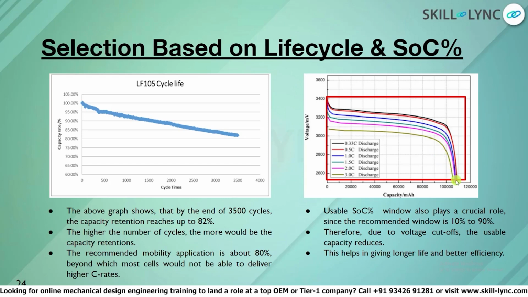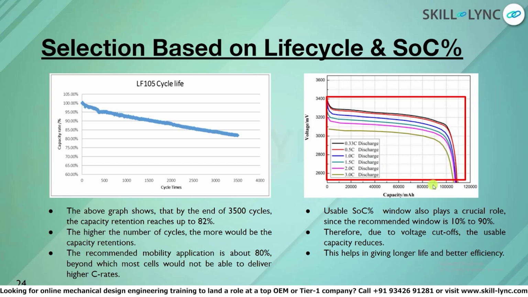This is because of the time required for the electrochemical reactions to happen inside the cell; you're not allowing that amount of time. So the reactions are incomplete, and if this continues again and again, the half reactions stay half, and that's how your capacity retention, the usable capacity, all falls down.